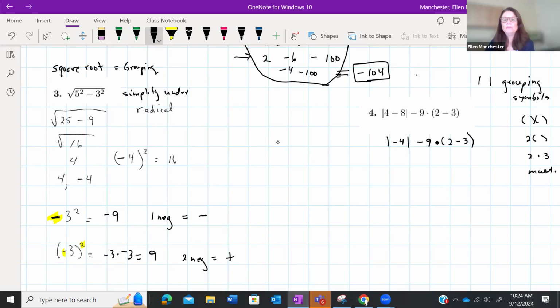All right, so absolute value of -4. What would that be? So how many steps away from 0 is that? Good, it's 4. Okay, and then 9 times, and then inside the parentheses. So now we're going to jump over here and do 2 minus 3, which is -1.